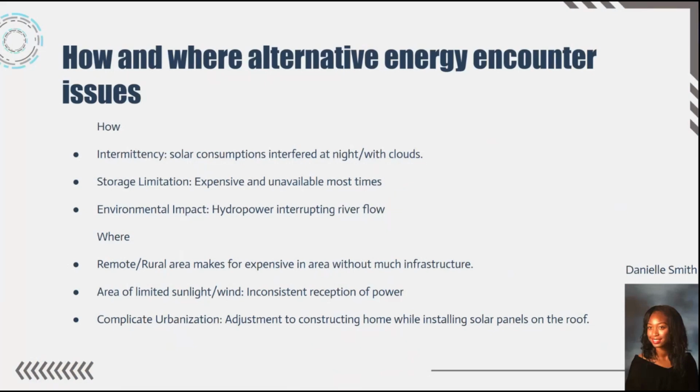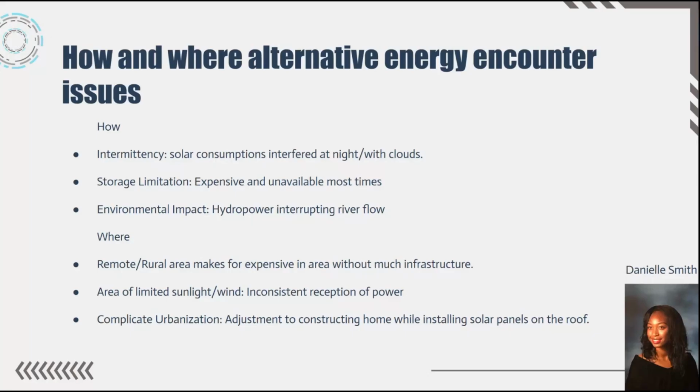So when looking at how and where alternative energy encounters issues, we can think about how alternative energy is growing and evolving. And while becoming increasingly popular, there are challenges that they face, as listed: intermittency, storage limitation, environmental impact. One challenge that we can talk about is intermittency.